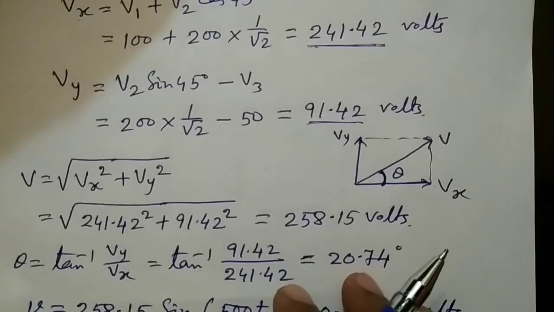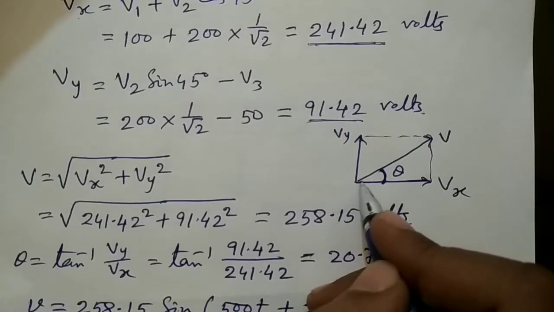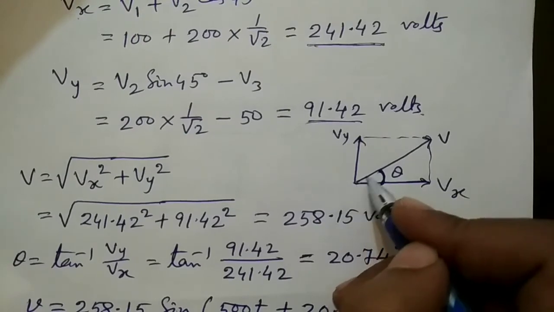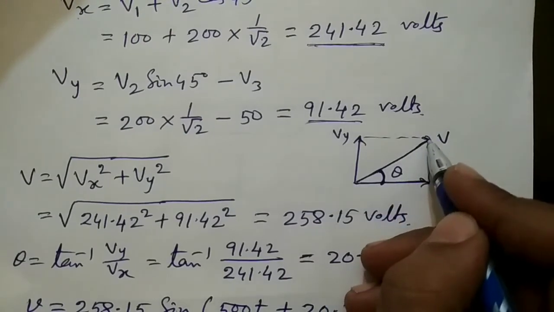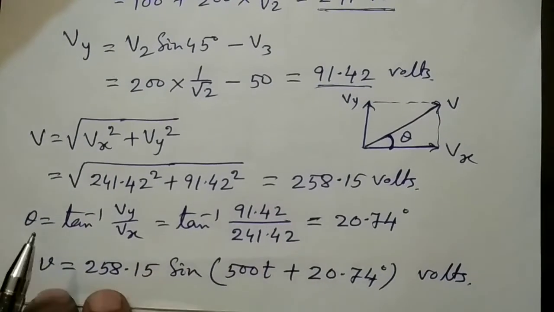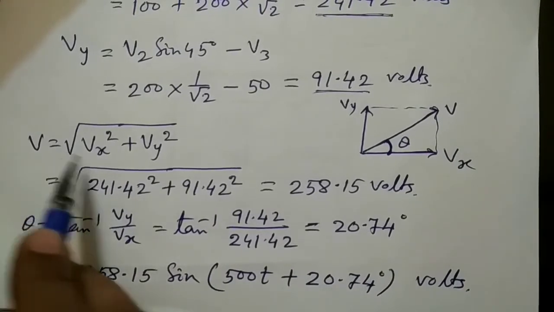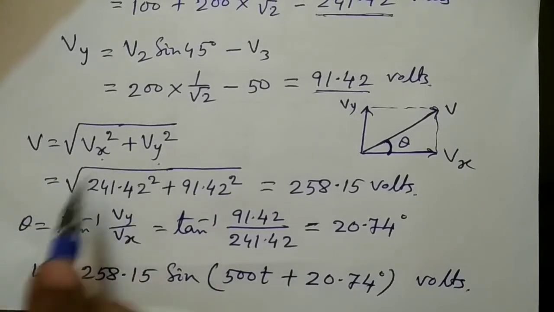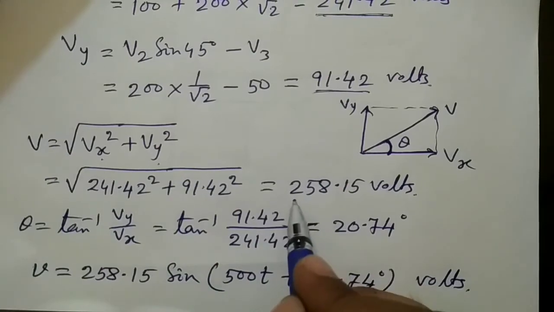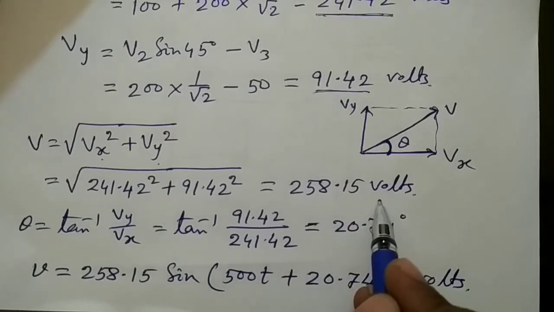Then the x part and the y part are drawn separately, and from here we will get the resultant voltage V. So the magnitude of the voltage will be square root of Vx square plus Vy square. After solving, the answer is 258.15 volts.